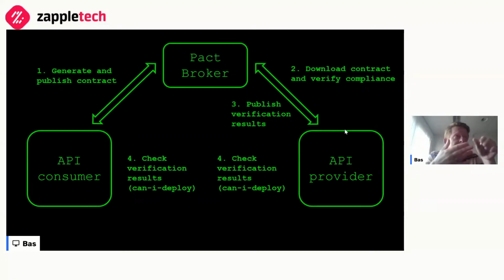Or basically, to rephrase it, is it safe to deploy? Can I deploy? That's literally the name of the tool in the Pact ecosystem that you can use to query the Pact broker to see, with the current state of our contract testing, are there any potential integration issues that might break something in production?